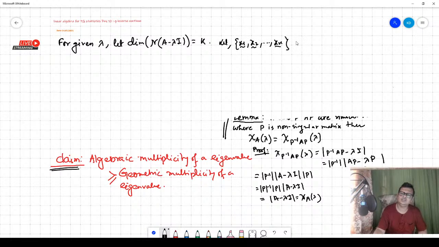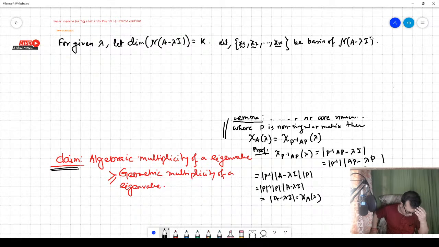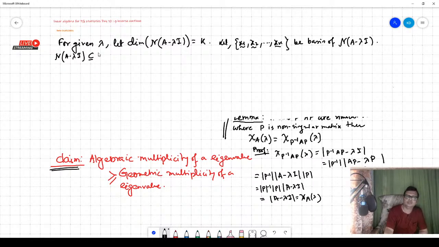So this is a basis of the null space of A minus lambda I. And since the null space of A minus lambda I is a subspace of Rn, because A is a square matrix of order n, I assume that.